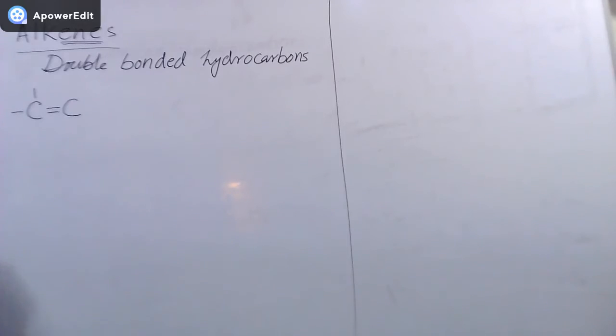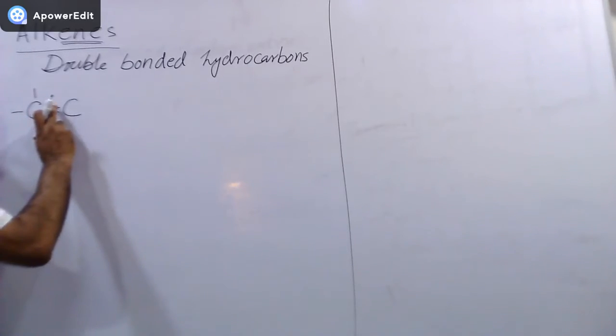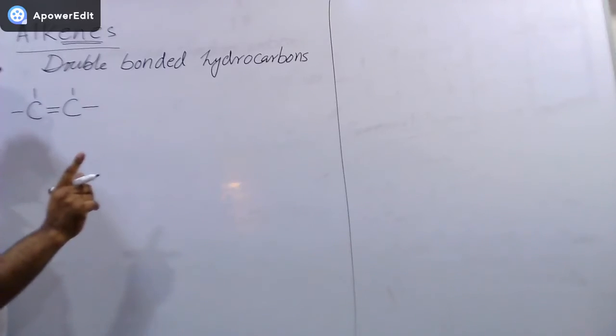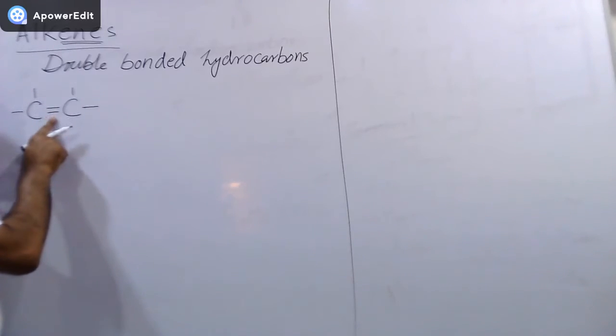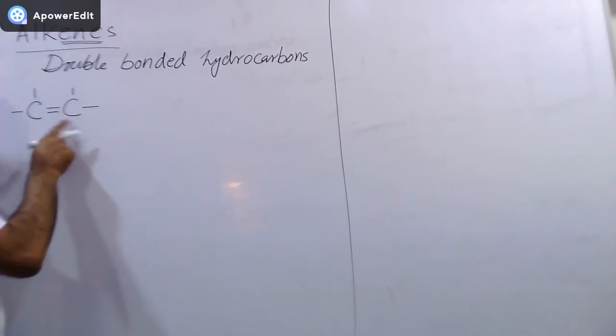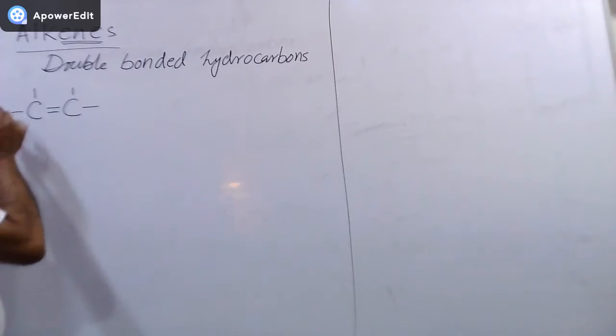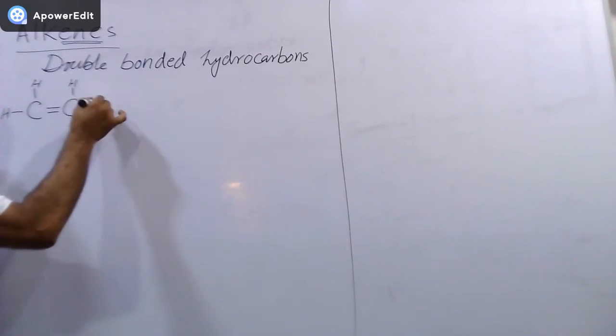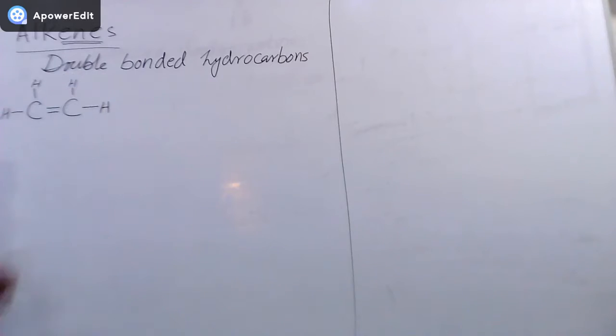Now the next one. 1, 2, 3, 4. I told you earlier that these middle bonds are for both of these carbons. Write hydrogens over here. Now how many carbons in all? 2. How many hydrogens in all? 4.